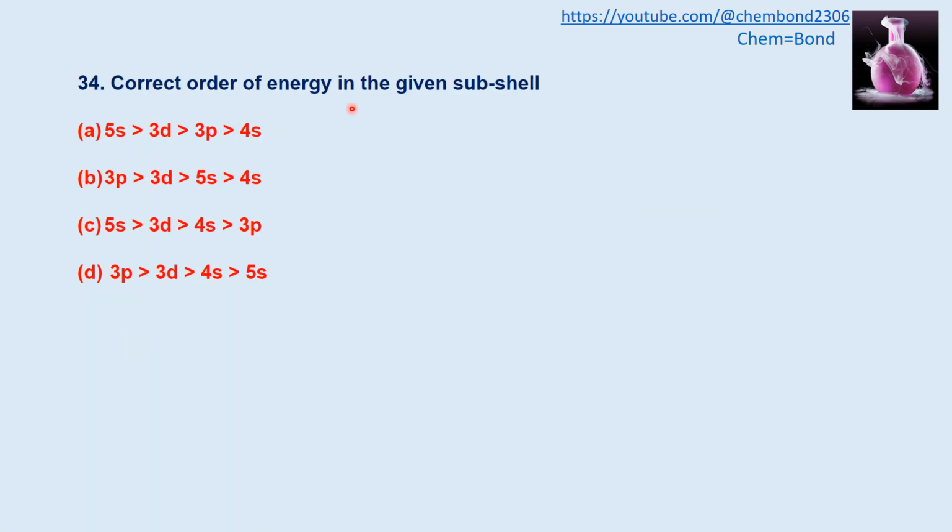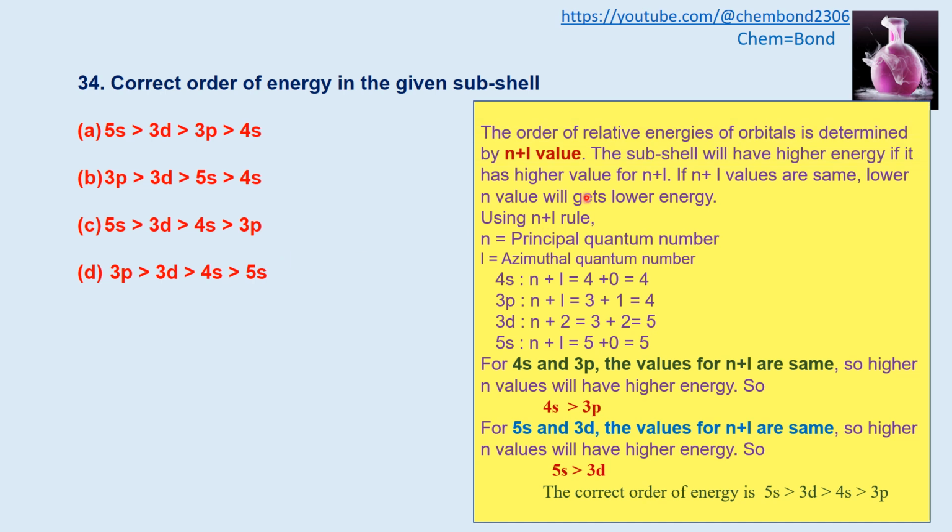What is the correct order of energy for the given subshells? There are four orders given; which one is correct according to energy? We use the n plus l value because it is used for finding the order of relative energies of orbitals.